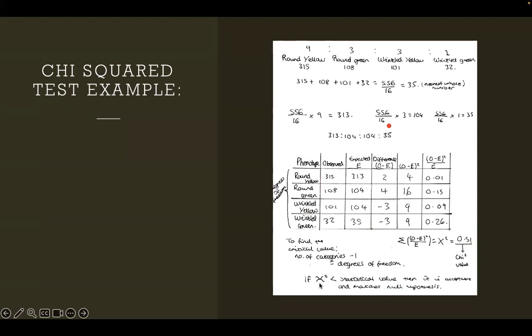And so if your chi-squared value is less than the one that you have looked up on the statistical sheet, then it's acceptable and it matches the null hypothesis, meaning that there's no substantial difference between the observed value and the expected value. And that makes sense, because we're quite close. The observed value here was 315 and you expect to get 313. So you can tell in this one, there's no massive statistical difference between the observed and the expected.